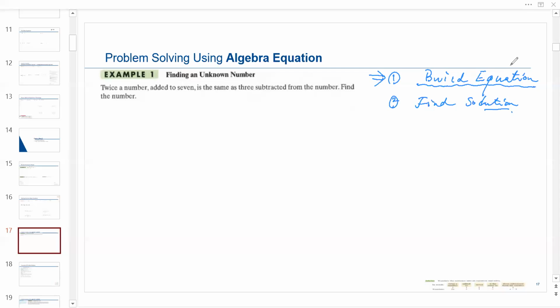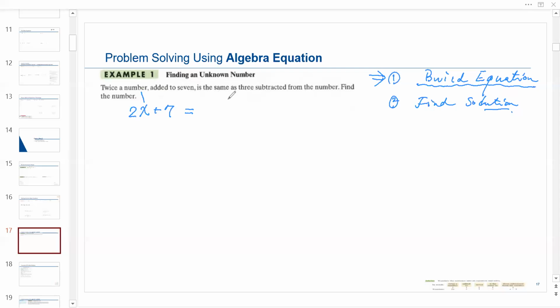All right, let's use the first example here. Build the equation. Okay, find an unknown number. Twice a number, but nobody told us what the number is, right? So we consider this number unknown. Twice a number means 2 times the number, added to 7, is the same, meaning something equals something, right?